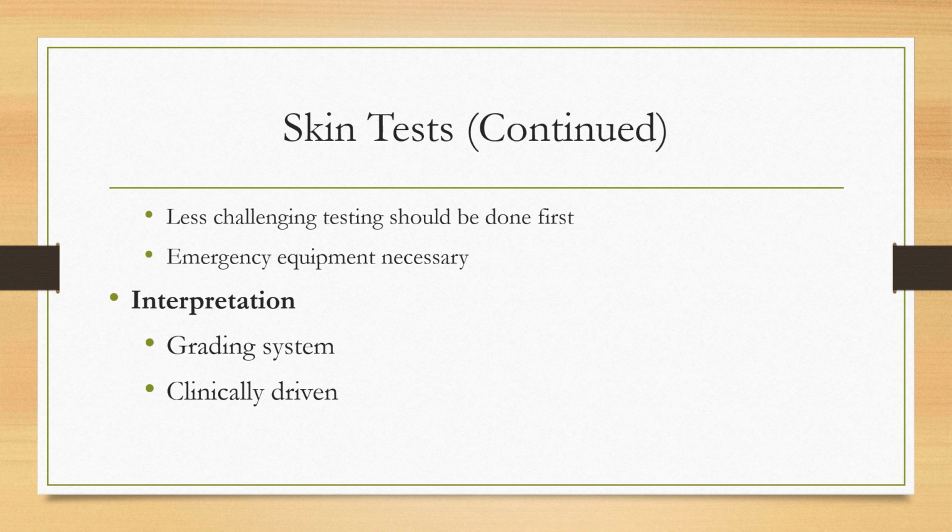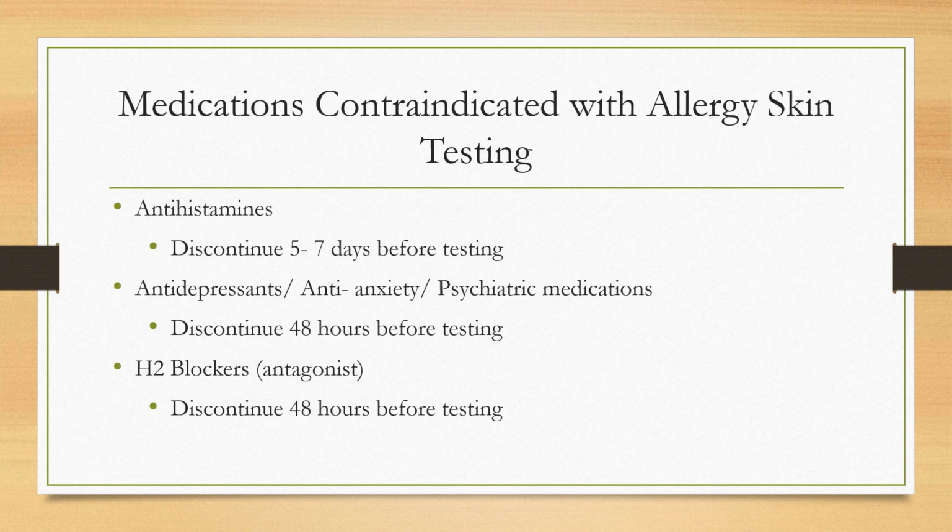So when we are interpreting, or when the doctor is interpreting these results, it is a grading system and it is always clinically driven. Some of the medications that are contraindicated during skin testing are medications that we don't want them to take because it's not going to give us an accurate result. They need to stop their antihistamines.